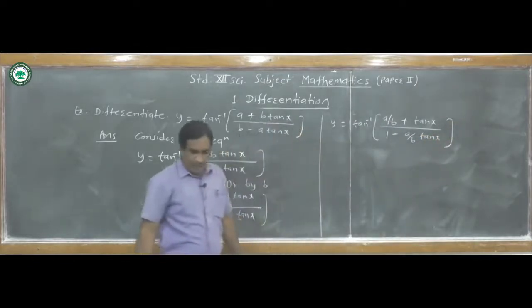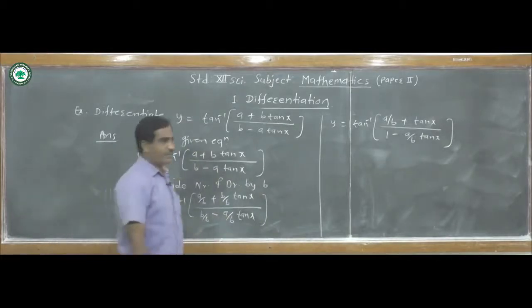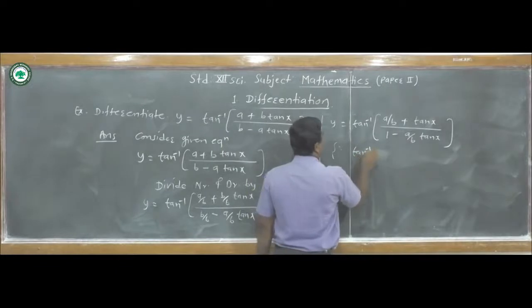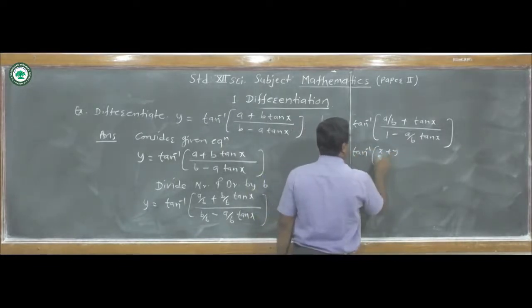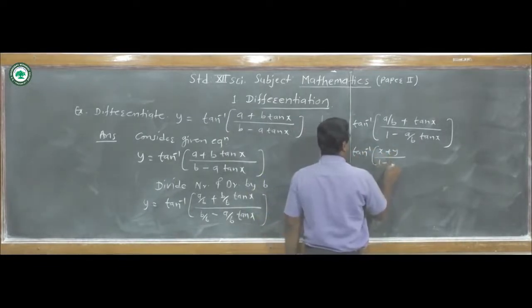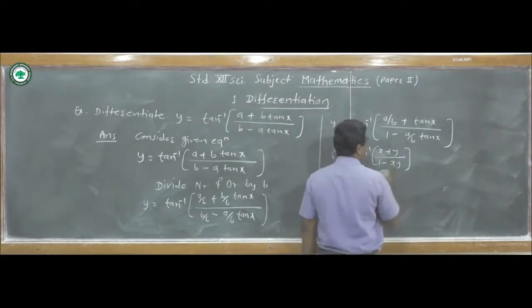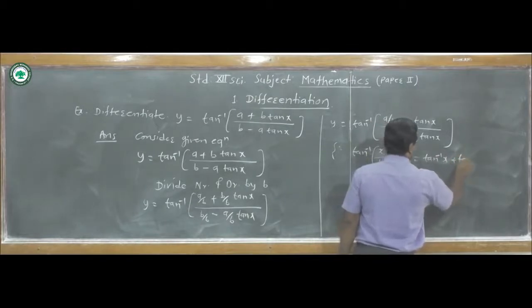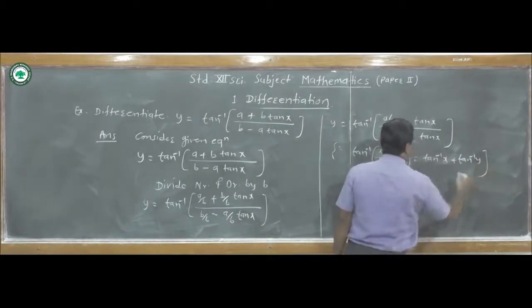Okay. Now here also we use the formula, since tan inverse of x plus y upon 1 minus x into y is equal to tan inverse of x plus tan inverse of y.